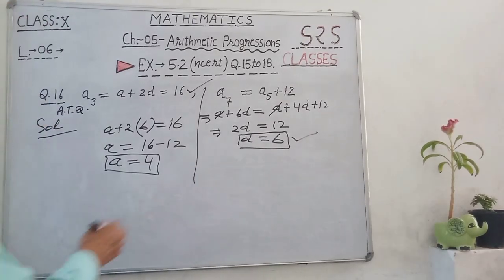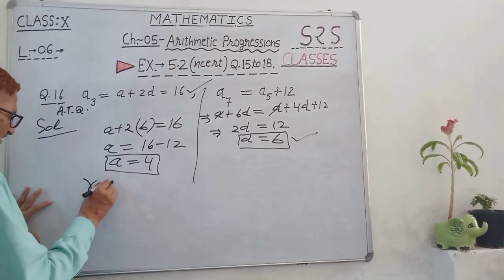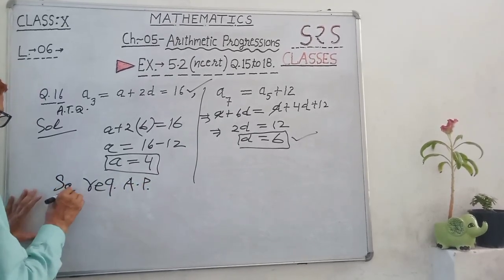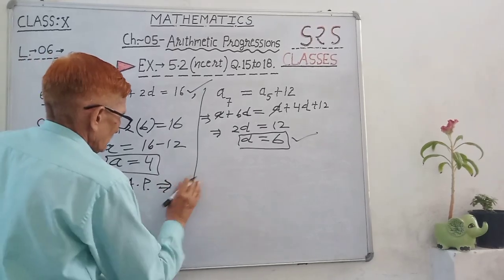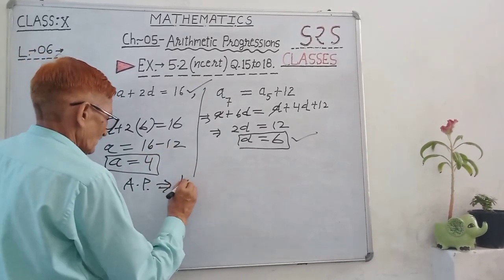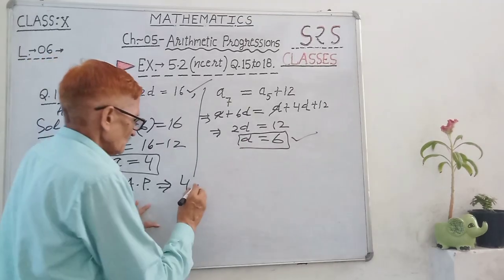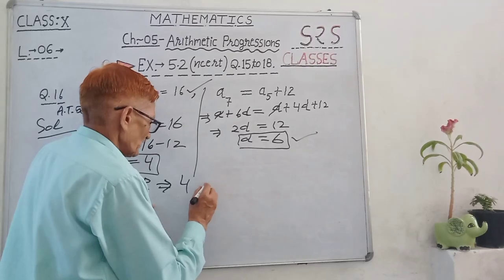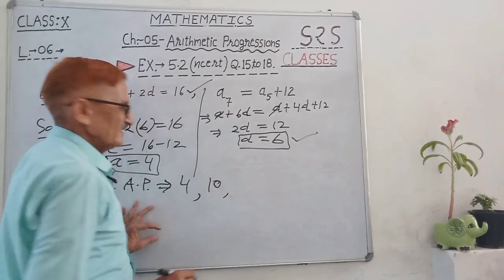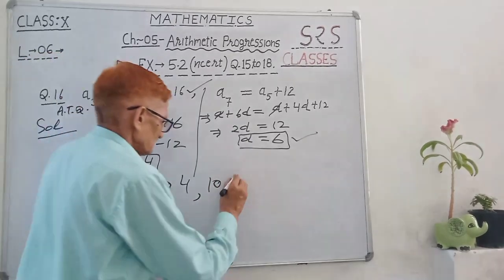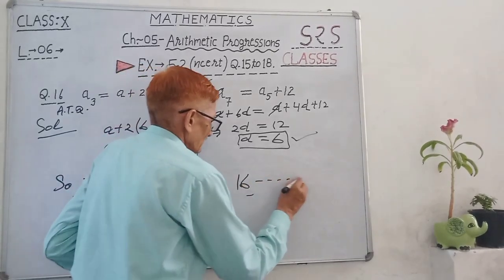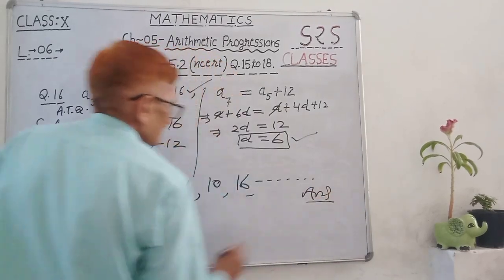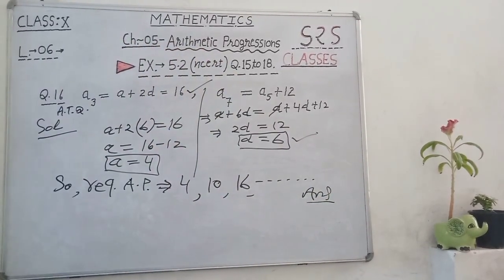So the required AP is: A is 4, common difference 6, so 4, then 4 plus 6 is 10, then 10 plus 6 is 16, and so on. This is the answer, the required AP. Done. So like this we should do.